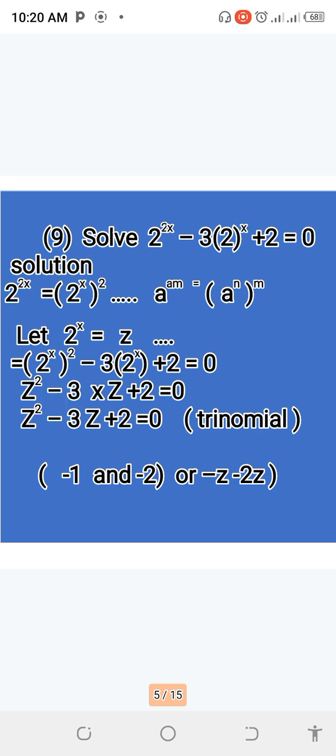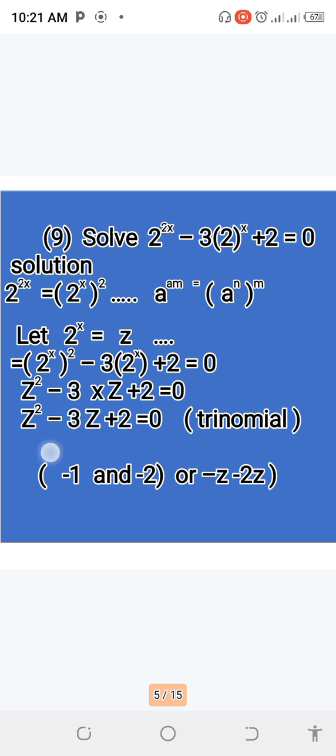This is the original equation now: 2 exponent x bracket exponent 2 minus 3 into 2 exponent x plus 2 is equal to 0. Replacing 2 exponent x by z, we now have z exponent 2 minus 3 times z plus 2 is equal to what? 0.